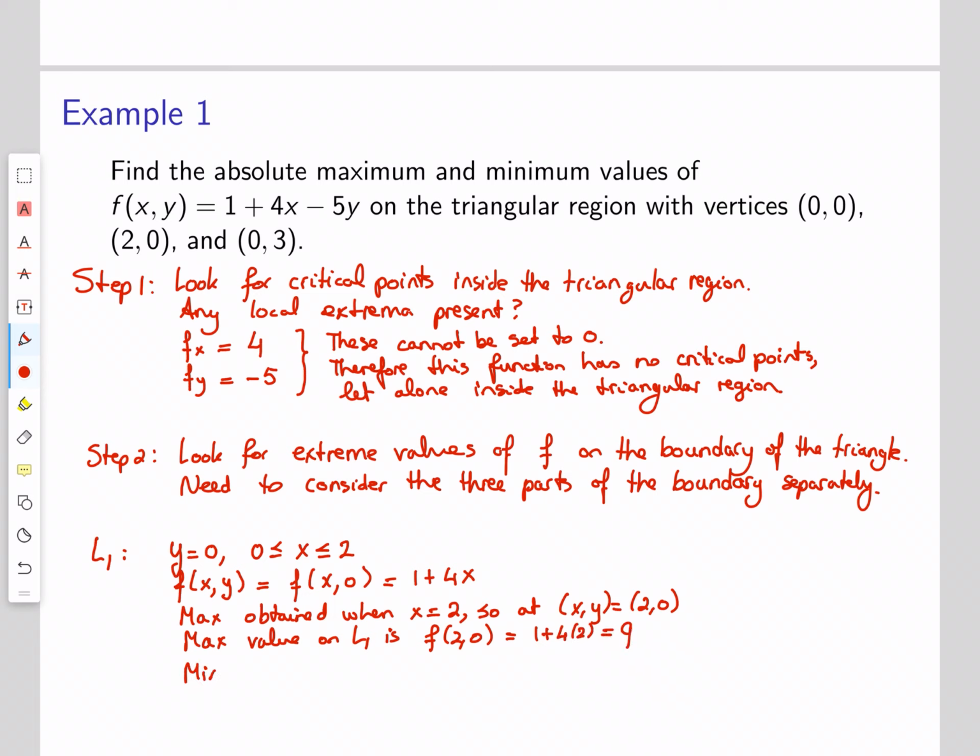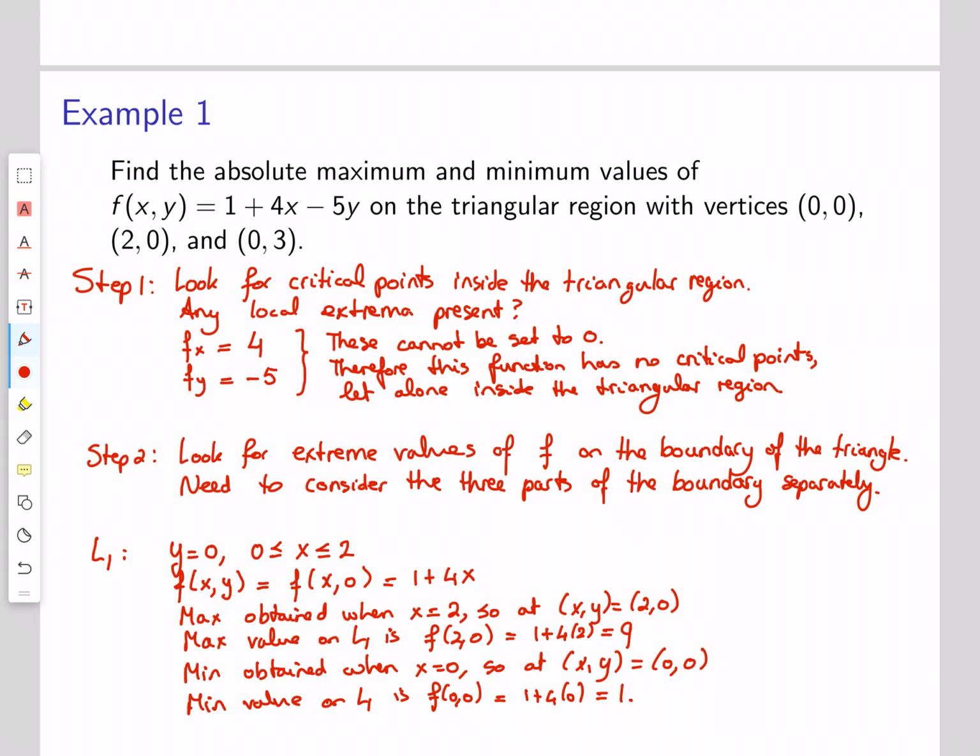The minimum value is obtained when x is equal to 0, so at the point (0, 0), and we can say that the minimum value on L1 is f of (0, 0), it's at the other vertex, and that is equal to 1 plus 4 times 0, which is equal to 1.